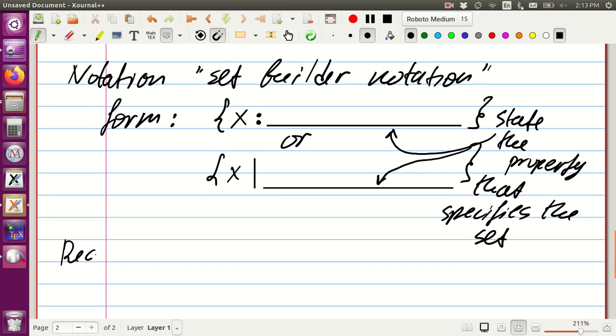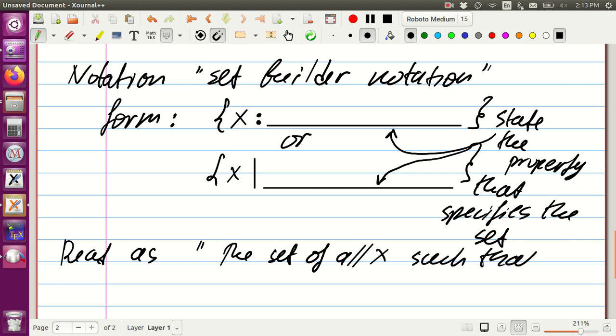You read it as the set of all x such that, and then you put what the property says. So basically this part says the set of all x such that, and then the property has to follow.